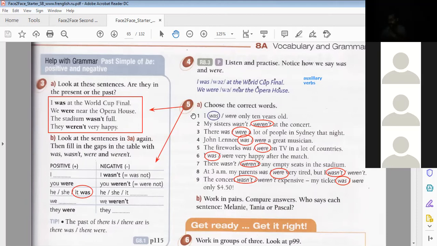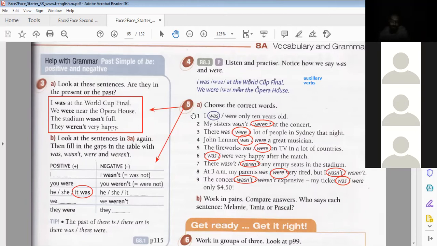What do you think? Pascal. I don't remember, to be honest. I don't know. But I think maybe Melanie. She was talking about, I think, New Year's in Sydney, maybe.